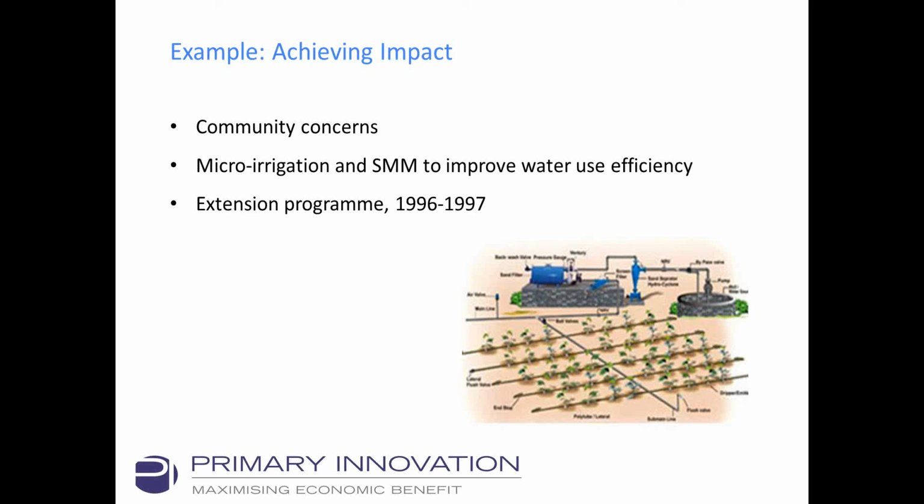Way back when, in 1996, or probably before that, a project started that focused on micro-irrigation and soil moisture monitoring, to get these tools and technologies adopted to improve water use efficiency, and to make sure that adoption was really going to happen. They had a big 2-year extension program, with demonstration plots to show the benefits of using micro-irrigation and soil moisture monitoring.